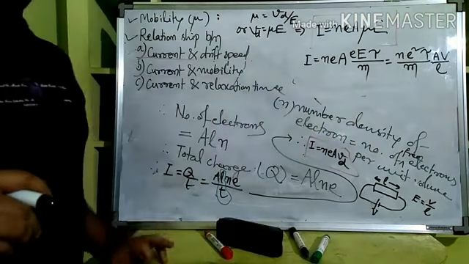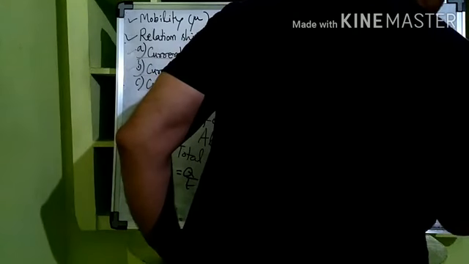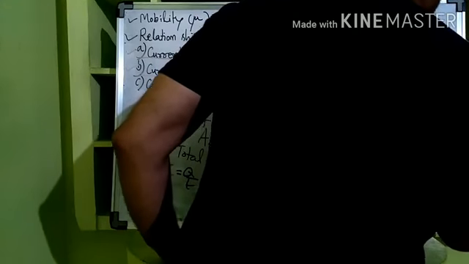Now E is equal to V by L. I replaced it here. We can say N E square A tau by M, or I is equal to N E square A tau V by ML.